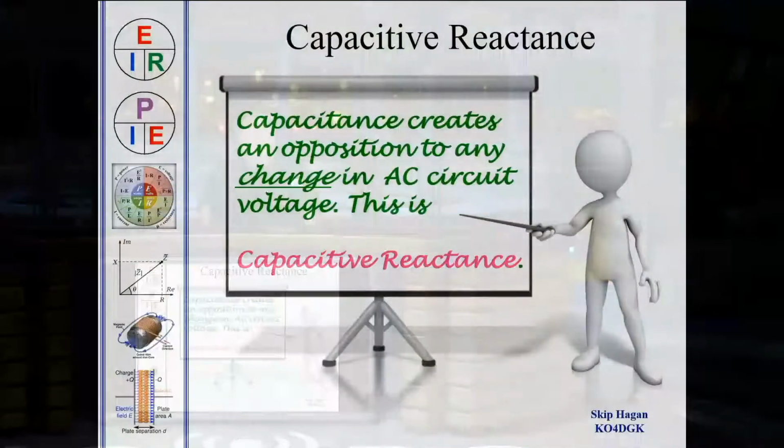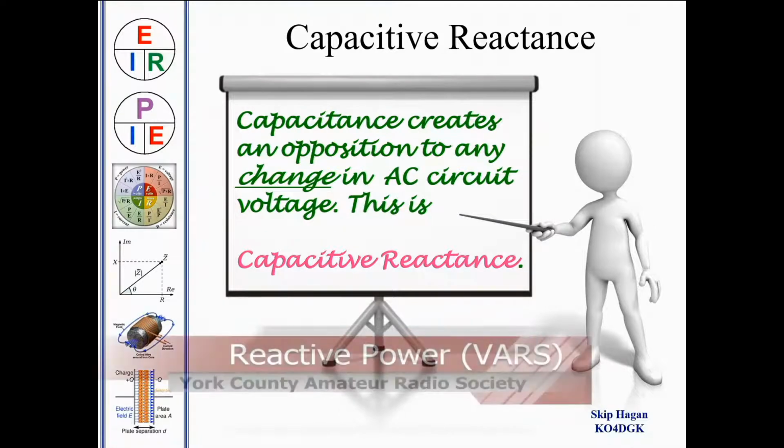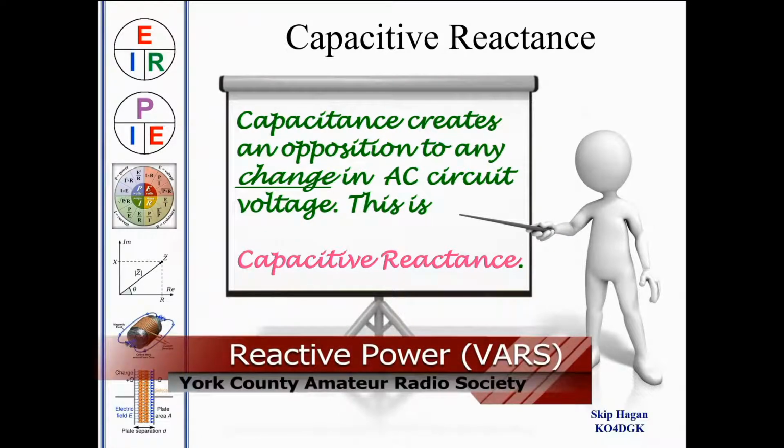Now notice capacitive reactance opposes a change in voltage. Inductive reactance opposes any change in circuit current. Capacitive reactance opposes voltage. Inductive reactance opposes changes in current.